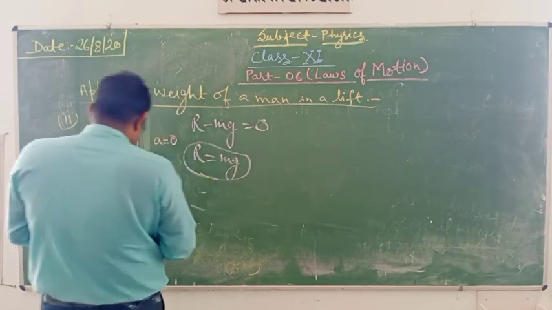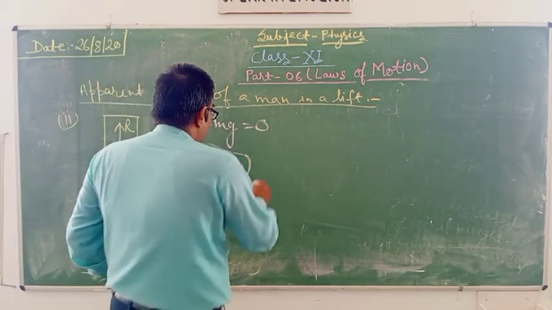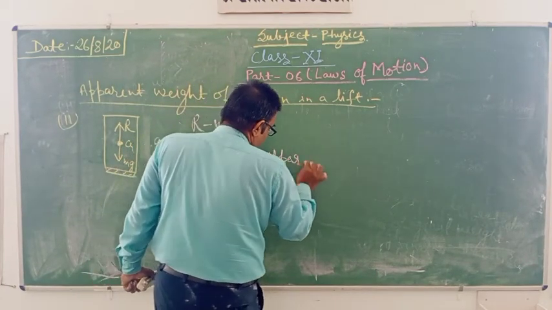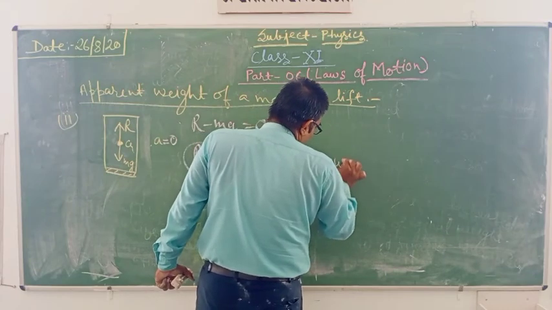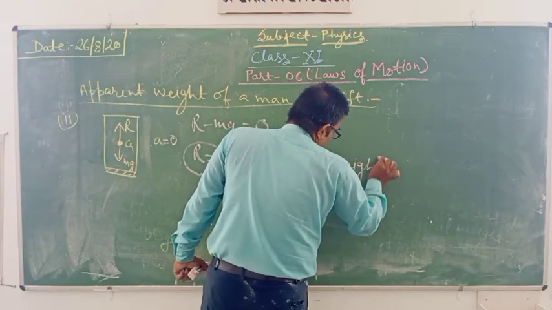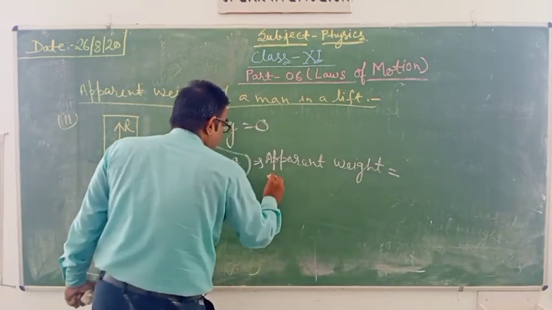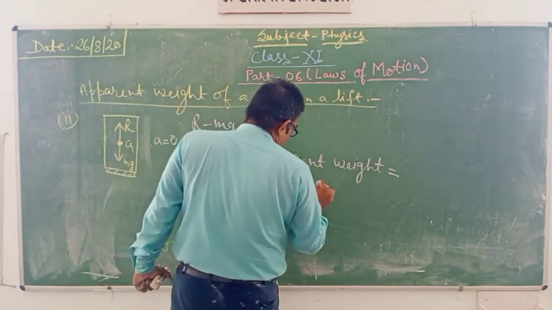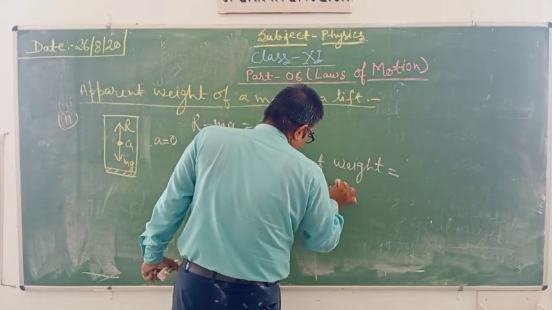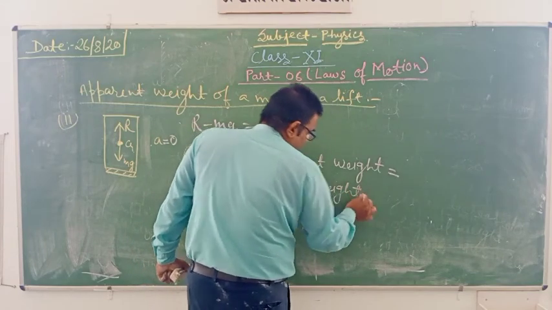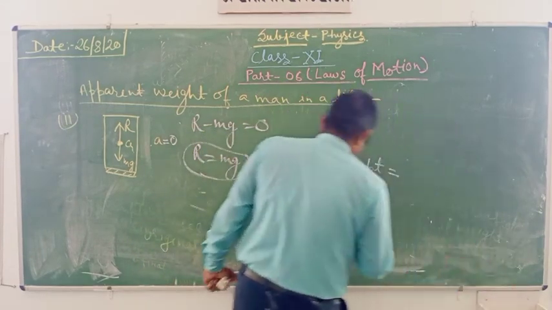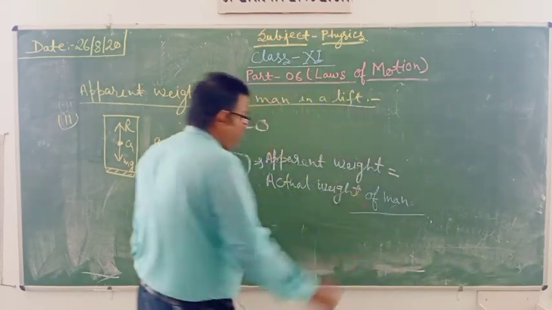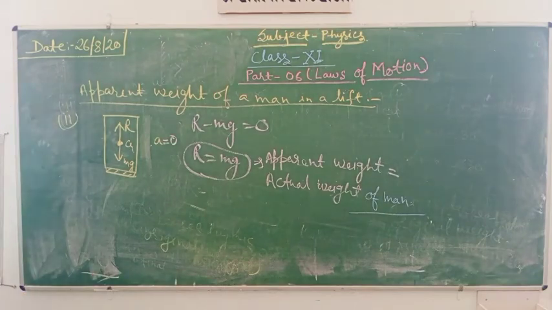Means if acceleration is 0, then apparent weight is equal to the actual weight of the man.